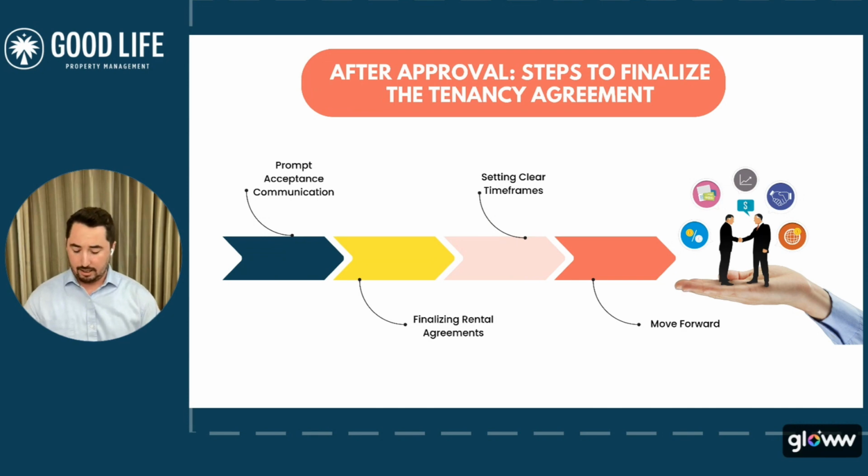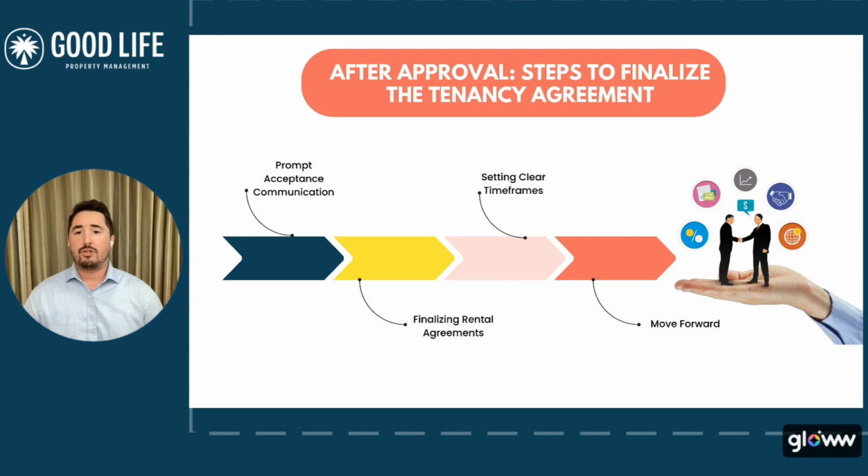That could look like finalizing the term length of the lease, for example, if it's 12 months or 18 months, or 6 months, finalizing what funds are going to be due at the time of lease signing, first month's rent, security deposit, when they can get the keys, those types of things. So it's really important you finalize the rental terms in writing as you're accepting the prospective renter.